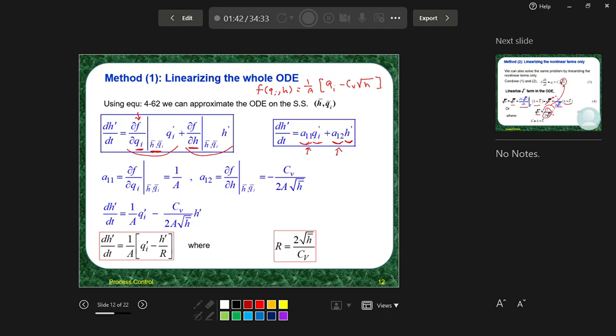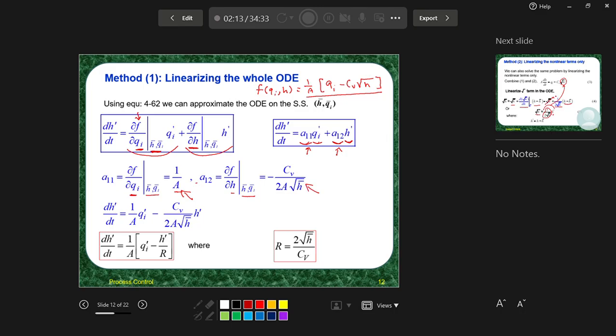So when we say differentiate the function, we differentiate this expression with respect to Qi, and substituting steady state values, we end up with 1 over A. Differentiating with respect to H and substituting steady state values, we end up with minus CV divided by 2A square root of H bar. This is a constant, and this is also a constant.